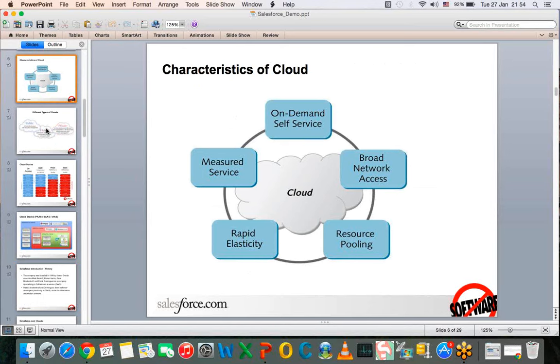Resource pooling is where a multi-tenant architecture comes into the picture, with resources shared among the cloud users. A crude example: you're staying in an apartment that is equally divided.